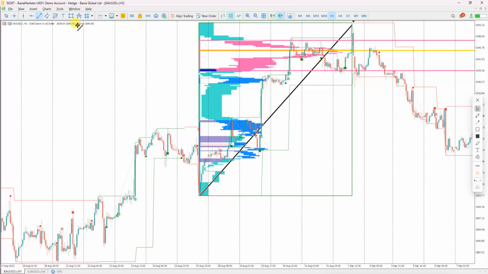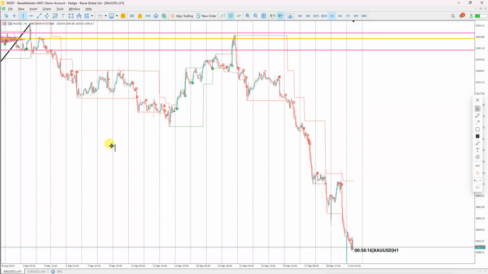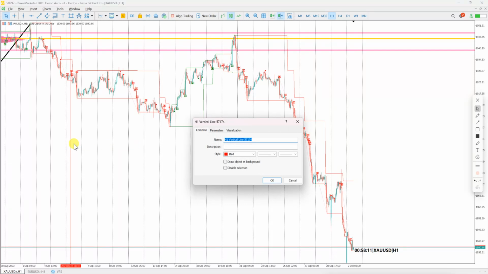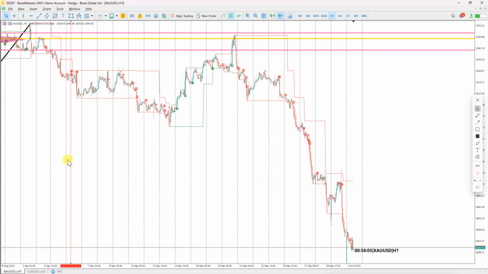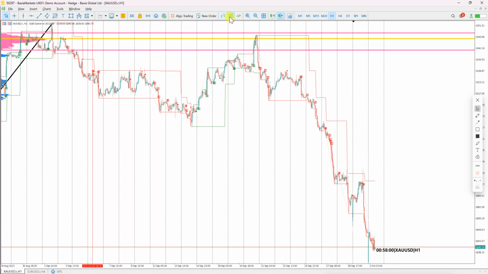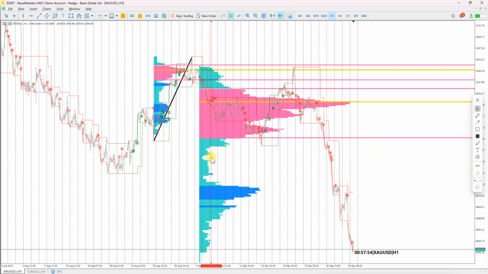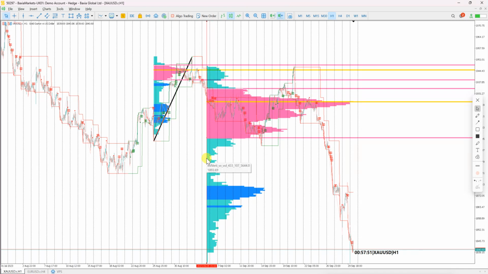Another feature is this. You can plot volume from this end just using a vertical line. You put VV, and it will show a volume profile from this price, from this time until the end.